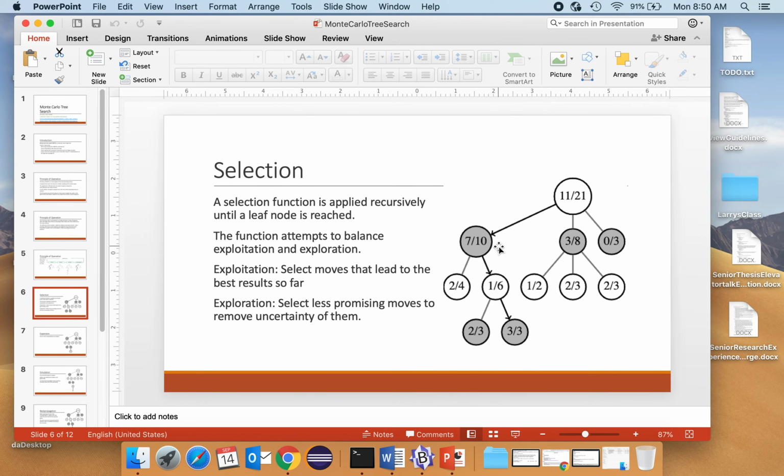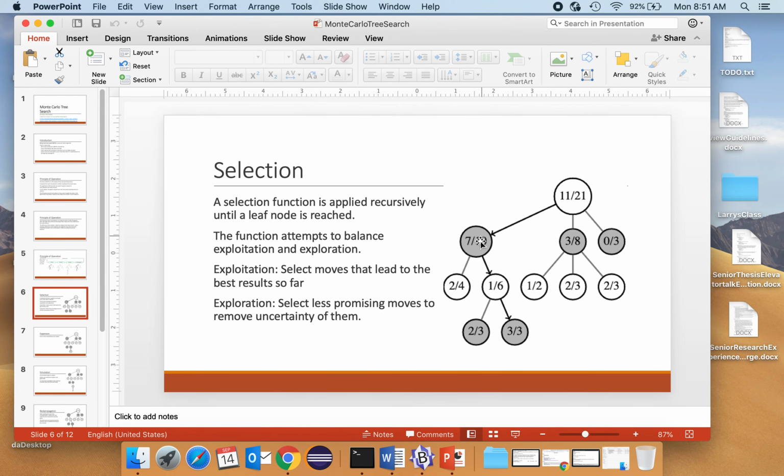Those are the statistics for my competitor, for my opponent. So they happen to, in this state, win 7 out of the 10 games. So it always alternates. And so these things then represent moves. I'm over here. When I made that move, my competitor won 7 out of 10 times. They made this move, and I won 1 out of 6 times. I made this move, and I won 3 out of 3 times, and so on and so forth.